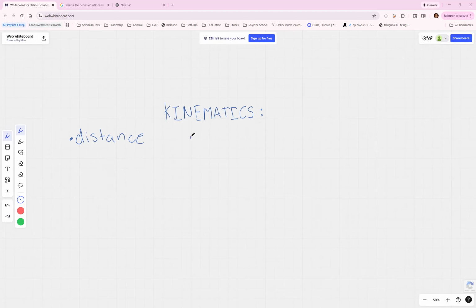Then displacement is where people get confused between distance and displacement. In displacement, it doesn't really matter how you went from point A to point B, because all that matters is the real distance between point A and point B, the shortest distance.